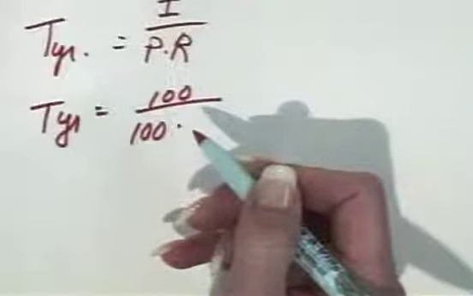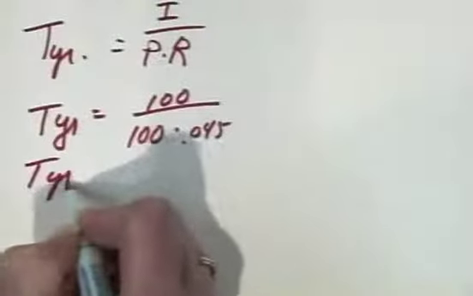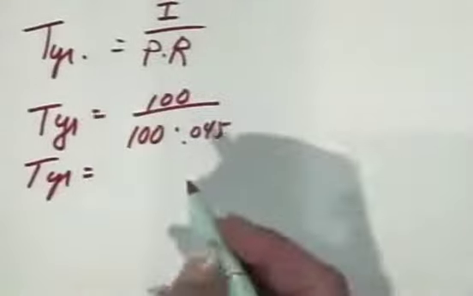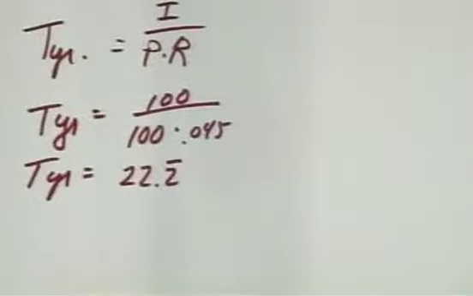The book's rate was 0.045, right? And if you stick that in your calculator, what do you get? 22.22. Is that repeating? Cool. So over 22 years.